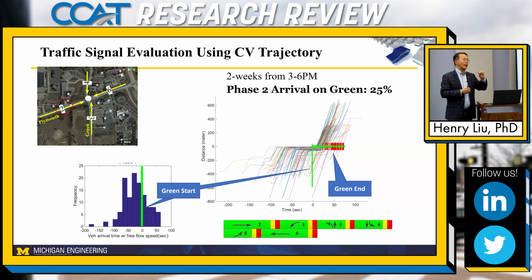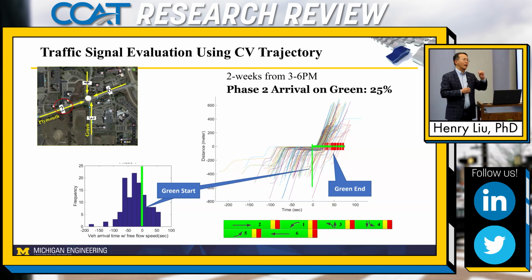Okay, so now if you look at it in terms of the traditional detector data, I told you I worked on detector data collection when I was in Minnesota, and then after I came here, I looked at trajectory data. Each of these has distinct advantages and disadvantages. The detector data is buried underneath the road.